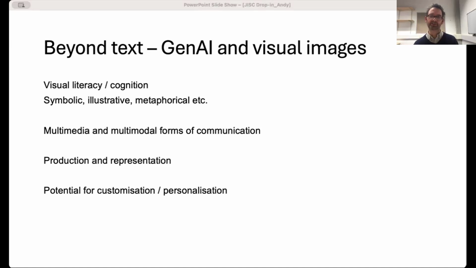I do want to just quickly mention images. As Katie showed, a particularly significant component of Easy Read formats and practices is the use of images. And of course, images can be symbolic and illustrative and metaphorical, etc. They can be incredibly culturally loaded, as I'm sure we are all aware, and obviously open to bias.